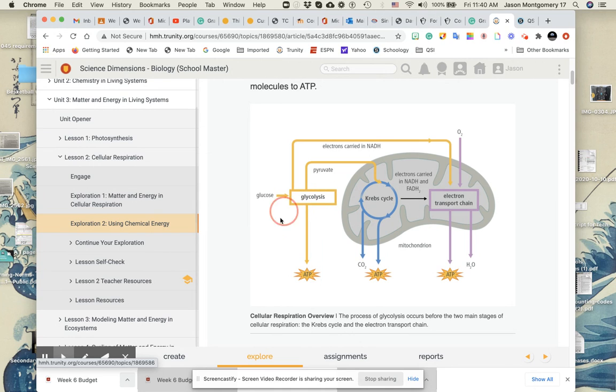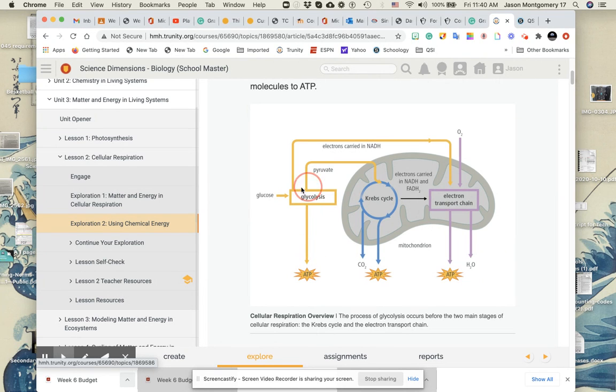Now, glycolysis, for all organisms, takes place in the cytoplasm of the cell. And glycolysis breaks down this glucose molecule, basically splitting it in half. When it does that, it releases ATP in the cytoplasm of the cell.